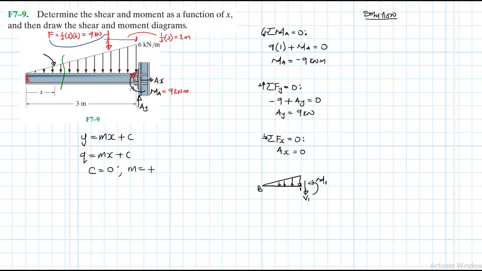So the change of q divided by the change of x. What is our change of q? It is a 6. Change of x is a 3. So what does this give us? A 2. Therefore q is equal to 2x. So this is the equation governing our load, which is also a function of x. You can also write it as q of x equal to 2x.